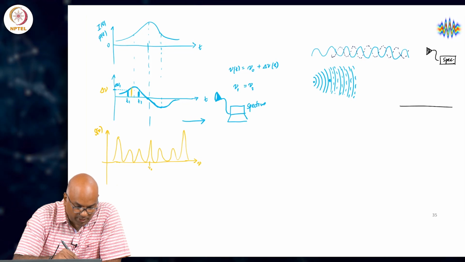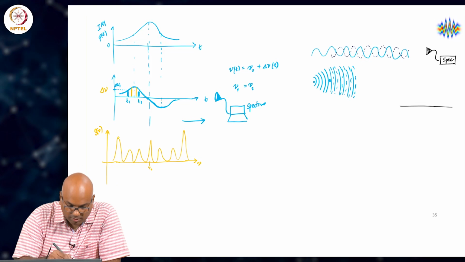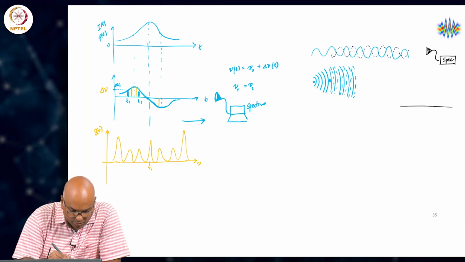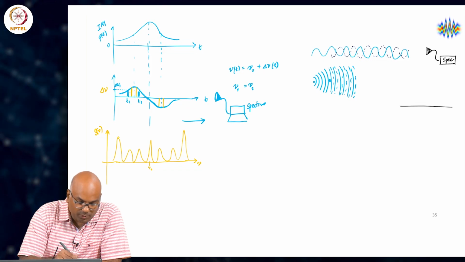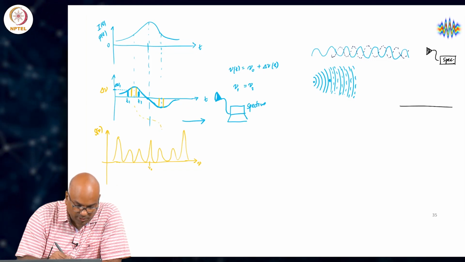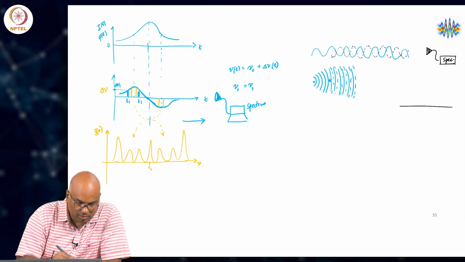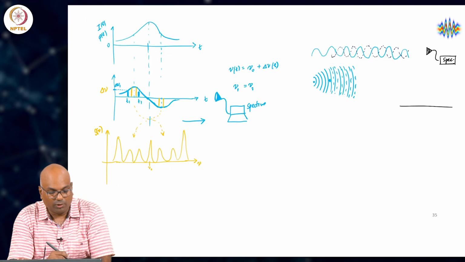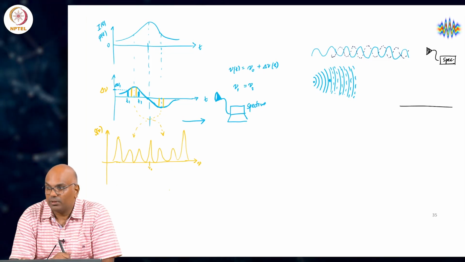There could be another pair of frequencies which are generated, say here, another pair. So, this upward lobe contributes to frequencies which are on the positive side of nu naught, and the negative lobe contributes to these frequencies.